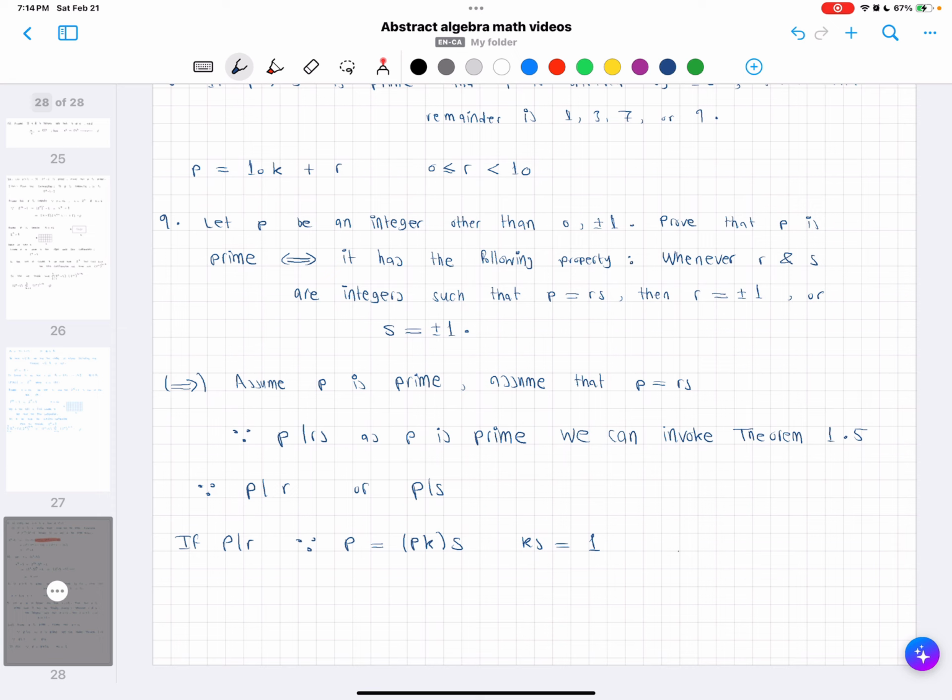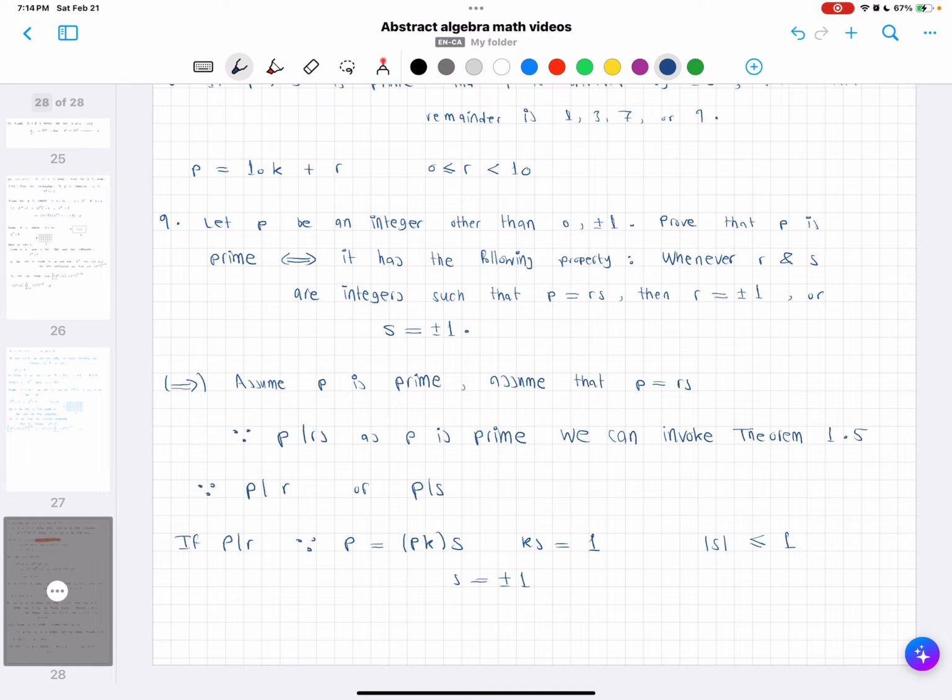So in absolute value, K, or I guess S, is less than or equal to 1. So that means that S is plus or minus 1.